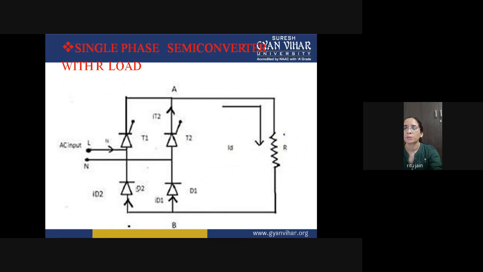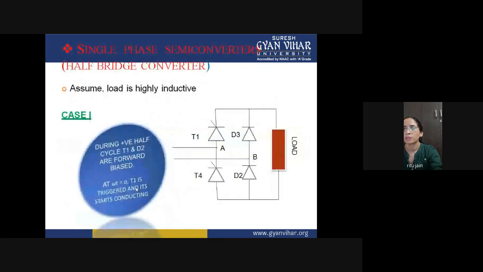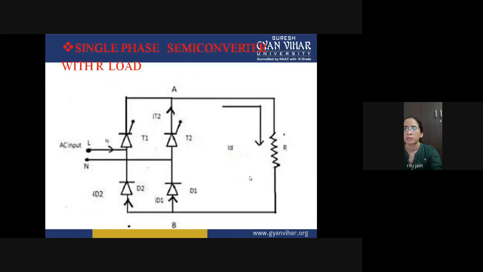What is the difference between these two diagrams if you want to compare? Here we are connecting two SCRs in series, and two diodes are also connected in series with each other. But in this conduction mode, in one parallel line, one SCR and one diode are connected.